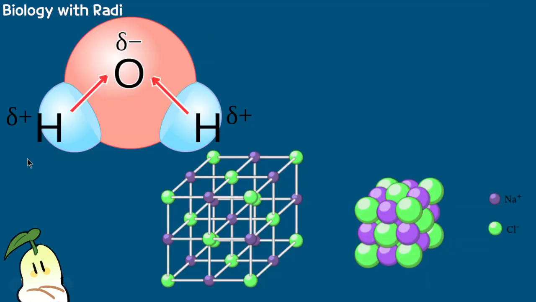And here is the water molecule, H2O. This is a covalently bonded molecule, and right now they are sharing electrons. You see the delta minus and delta plus signs. The oxygen has a stronger pull for electrons.